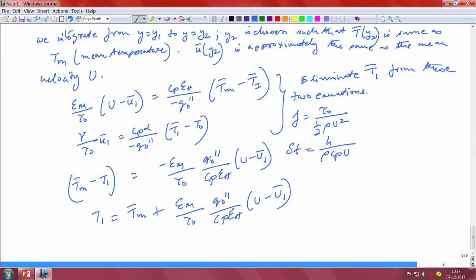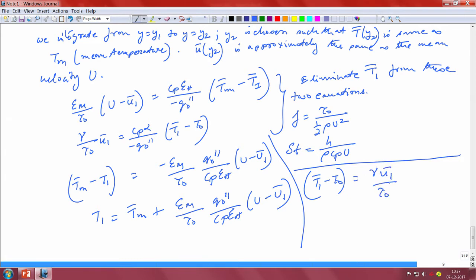From the other expression, I am just doing a rough scheme to show you what happens: T1 minus T naught is equal to gamma u1 bar by tau naught times q naught double prime divided by Cp alpha. So, T1 bar is equal to T naught minus q naught double prime alpha Cp gamma u1 divided by tau naught.